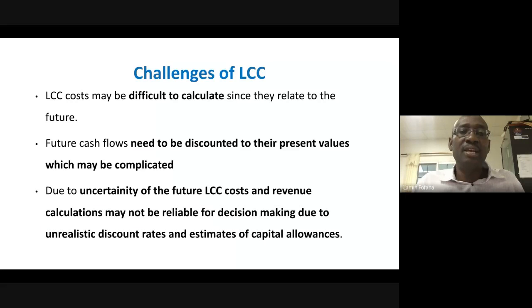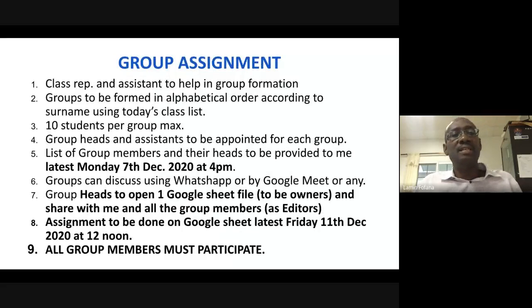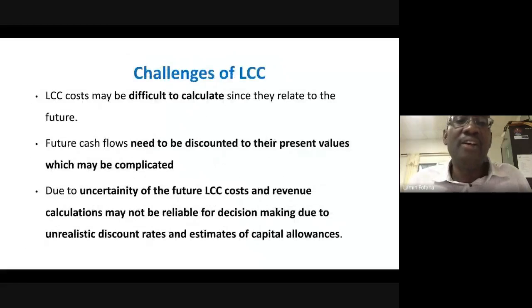Due to uncertainties of the future, life cycle costing and revenue calculations may not be reliable for decision making due to unrealistic discount rates and estimates of capital allowances. These are some of the macroeconomic factors that may not make it possible to rely on the calculations that much. Okay, so those are some of the challenges that we are faced with.